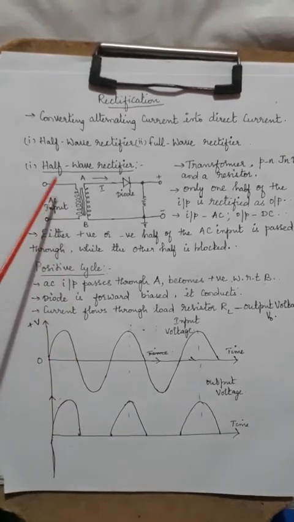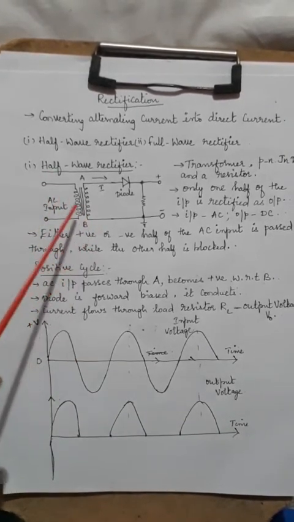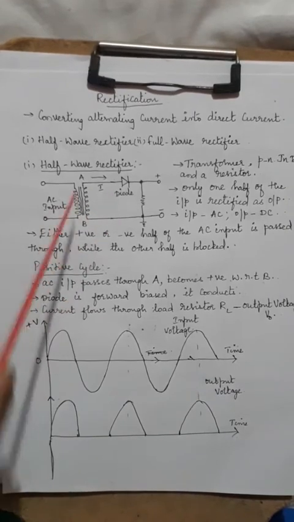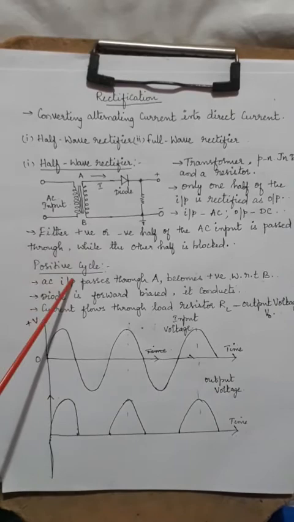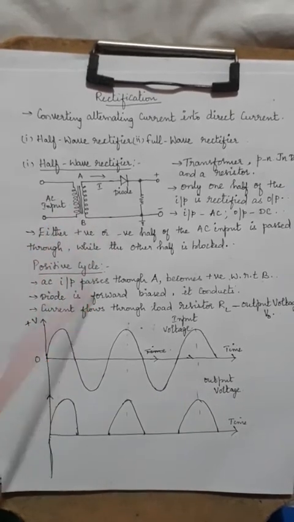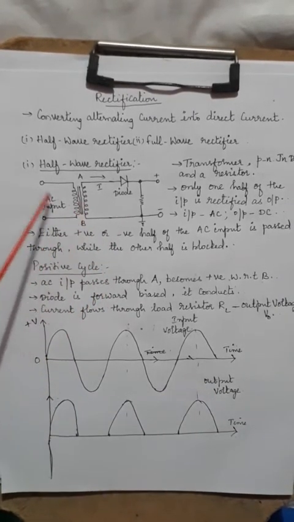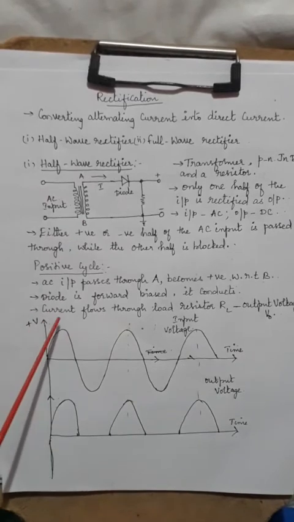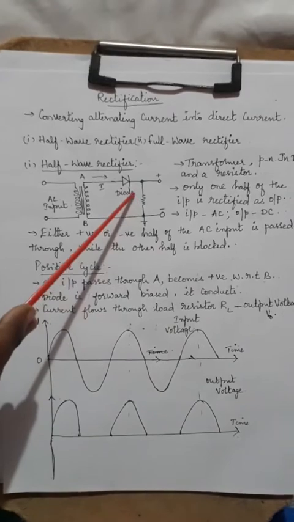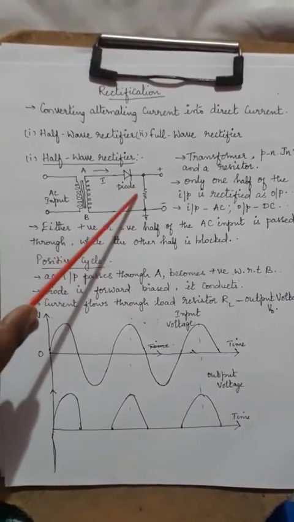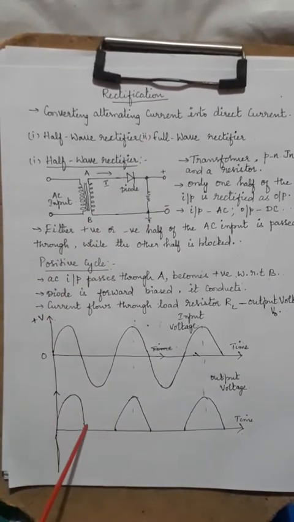After that, the diode is forward biased where it can conduct, but during the negative cycle it cannot conduct. Why? Because it turns into reverse bias. The current flowing through the resistor RL gives you the output.